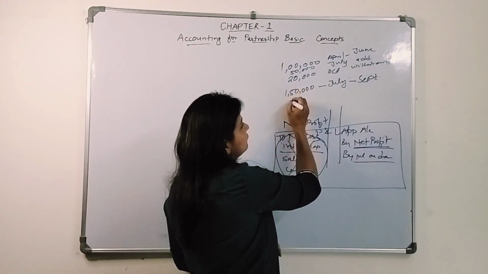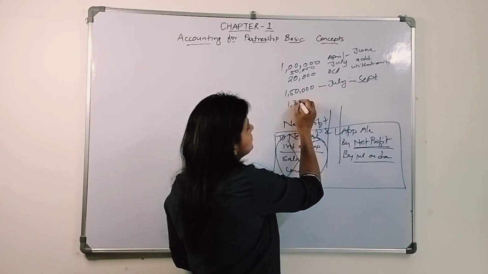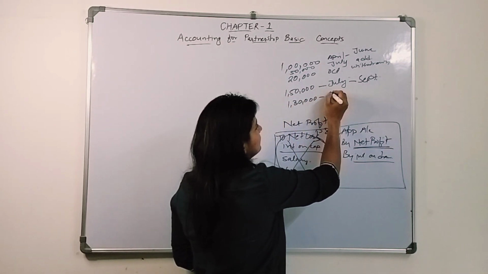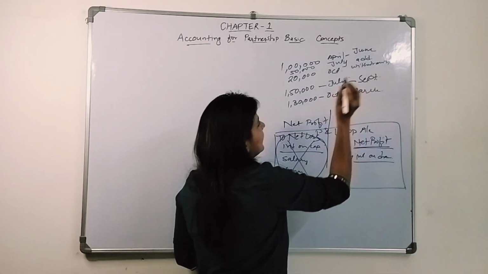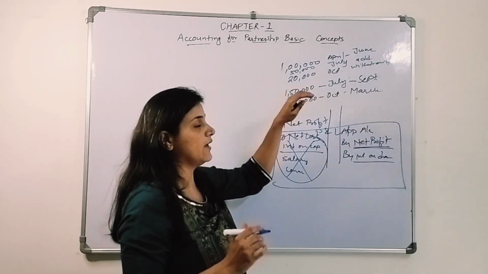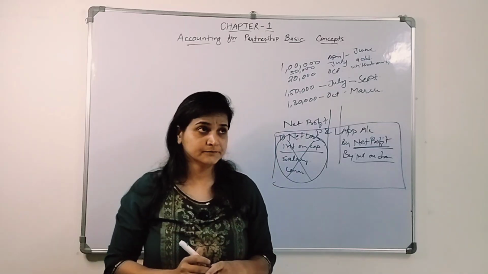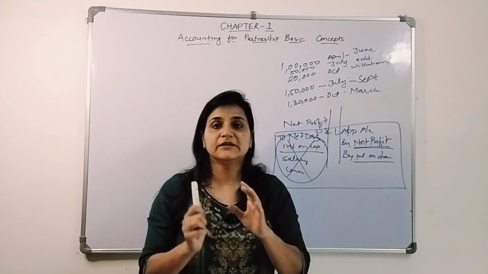So 150 minus 20 is how much? 1,30,000, and from October to March we will calculate the interest on 1,30,000, okay. So this is how we will calculate the interest on capital.